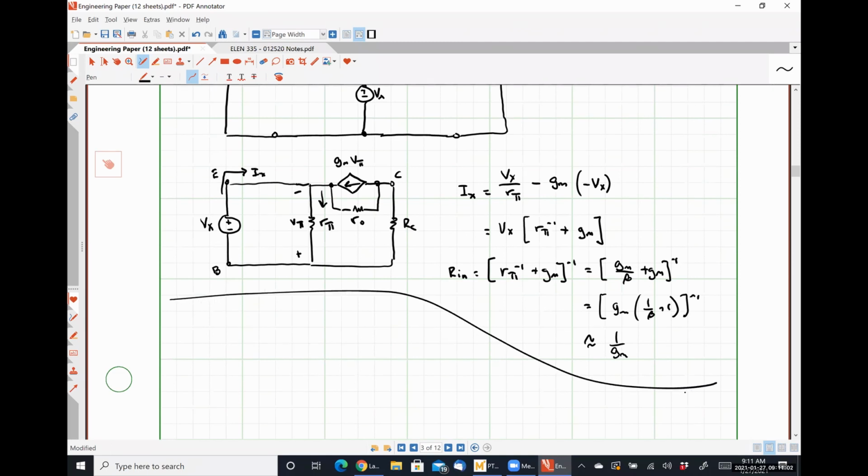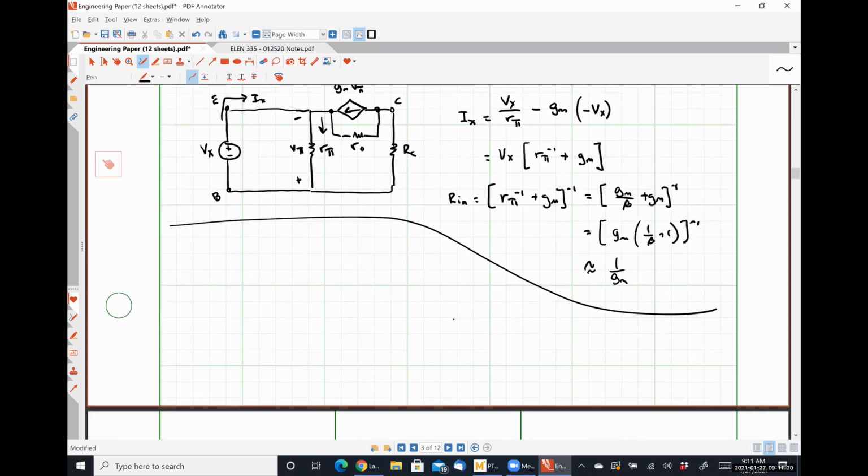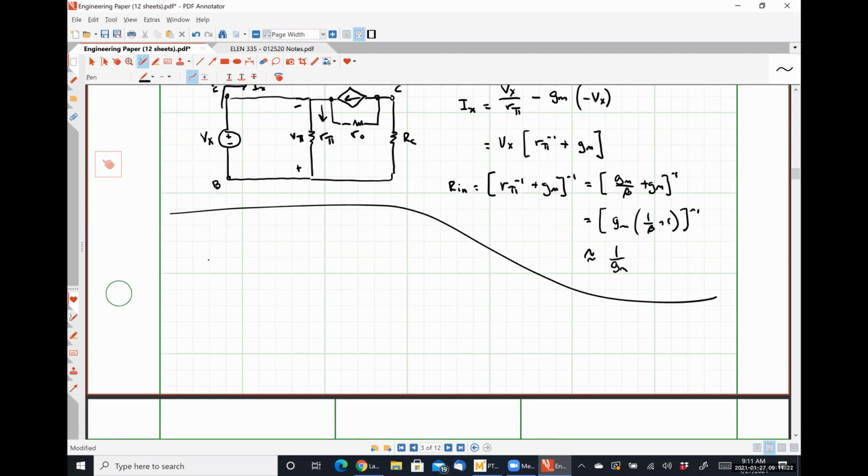So how might we go about analyzing this guy? It doesn't look like it's going to be as simple as Kirchhoff's current law anymore, right? Because we have that other path. So what I would posit is that we can do something like this.